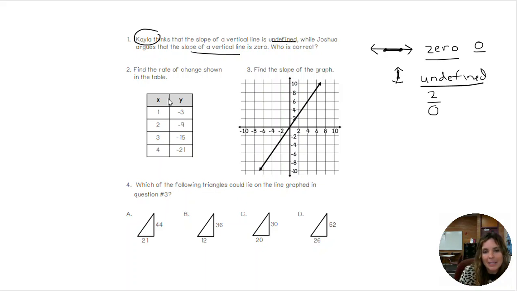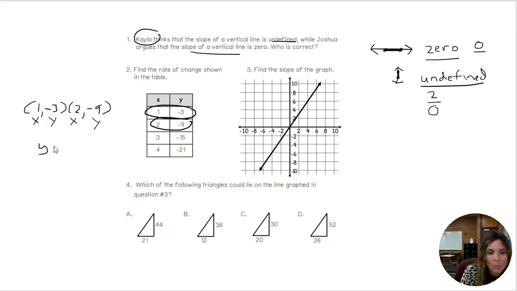Now on the next one, when you find the rate of change from a table, you have to make sure that you are picking 2 points from the table, and please write them down so that you know what 2 points you're working with. And then you need to find the change in y over the change in x. So this is x, this is y, this is x, this is y.